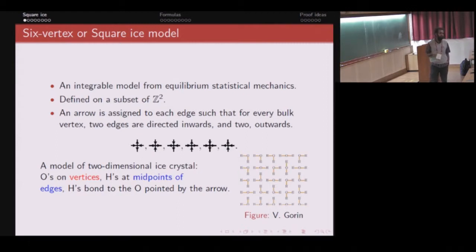Because there are 2 incoming arrows at each vertex, you'll have exactly 2 hydrogens connected to each oxygen. The other 2 you can think of as hydrogen bonds, if you like. So this is like a 2-dimensional version of ice, and this has the advantage of being exactly solvable.